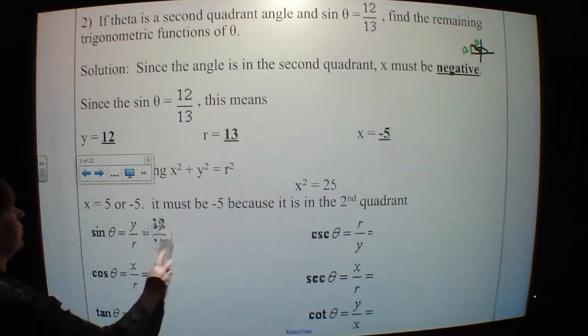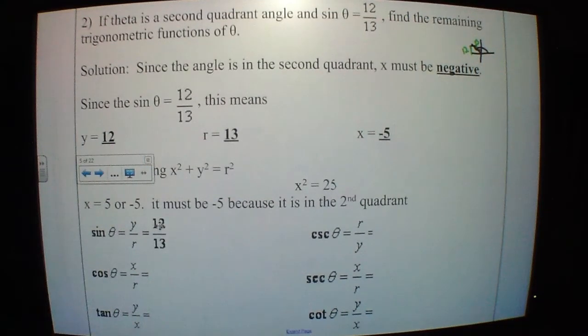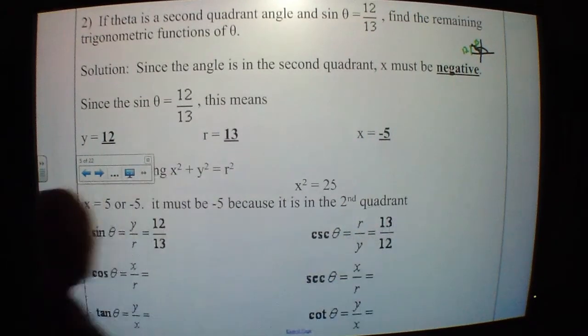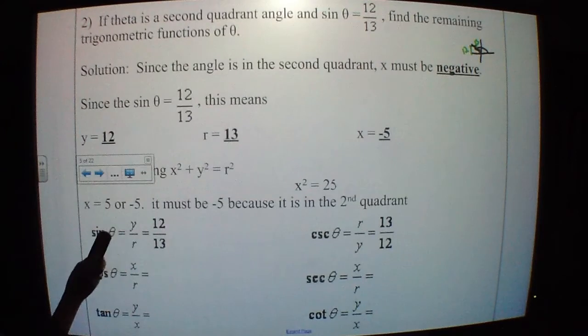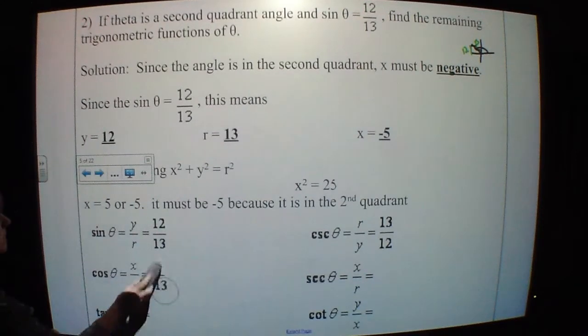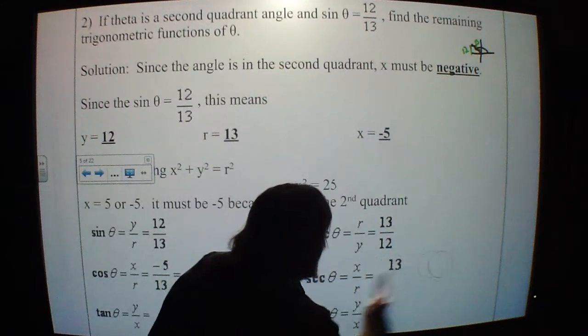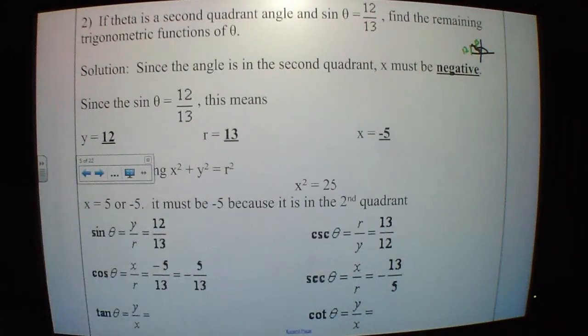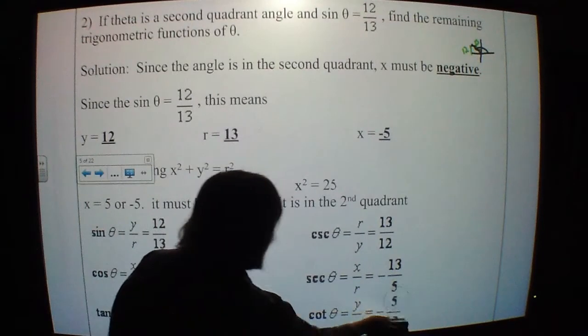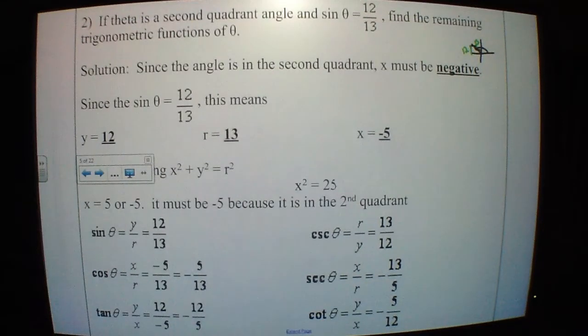So sine was given already. Cosecant's reciprocal. Cosine, negative 5 over 13. And let me write it there. Reciprocal, negative 13 over 5. And y over x would be 12 over negative 5, so negative 12/5. Or negative 5/12 for the cotangent. And you're done.